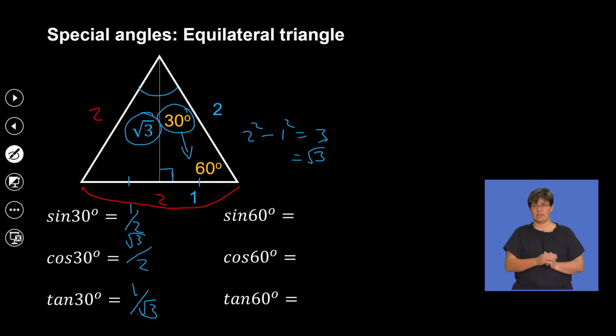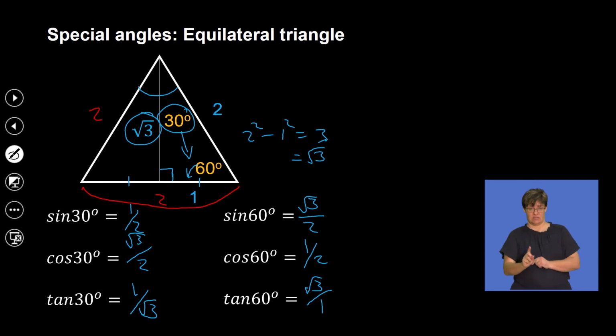And then sine 60 degrees, opposite of the 60 degrees is root of 3 over my hypotenuse side, which is 2. Cos of 60 degrees is the adjacent side exactly next to it, which is 1 over 2, and then tan of 60 degrees will be opposite over adjacent, which is root 3 over 1.